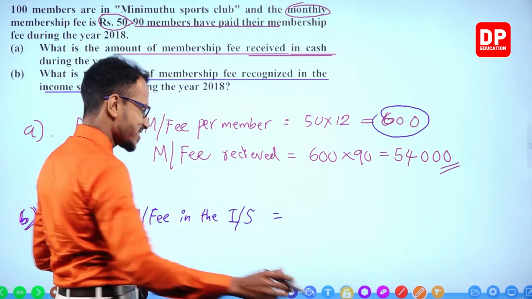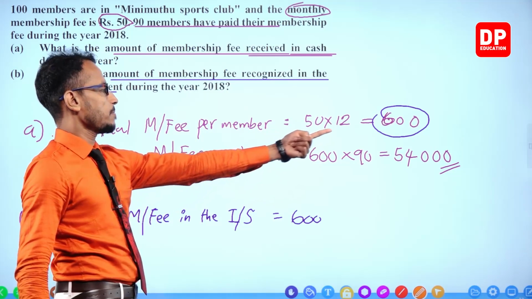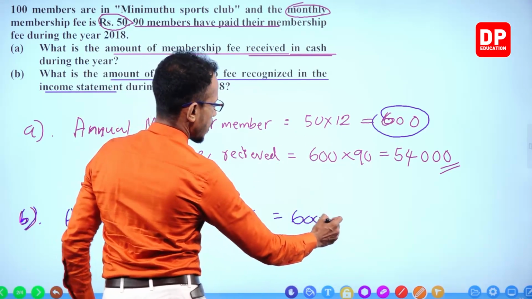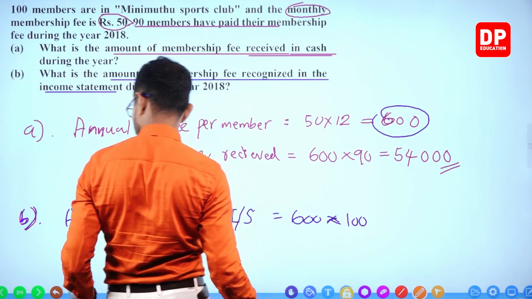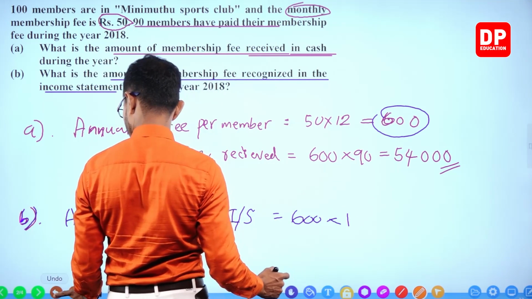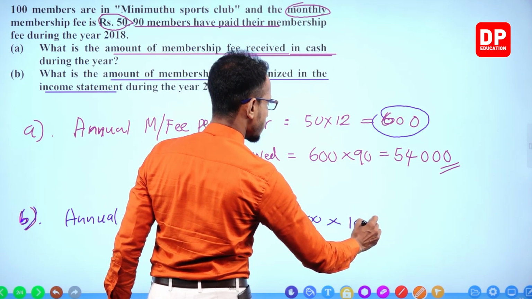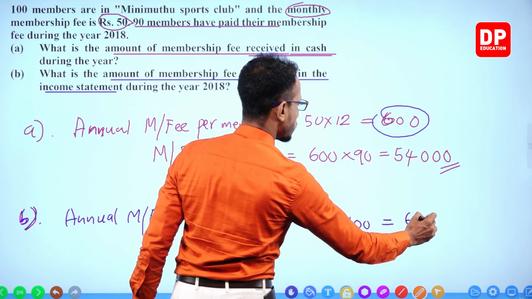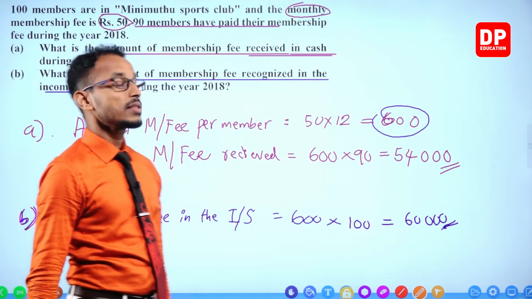Okay, 600 is the annual membership fee per member, and 100 members are there, so 600 multiplied by 100. Answer is 60,000. Got it? That's how you do it.